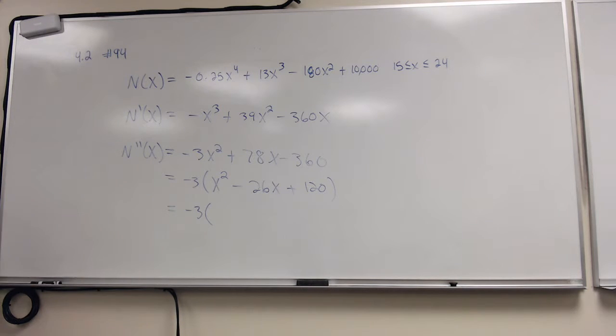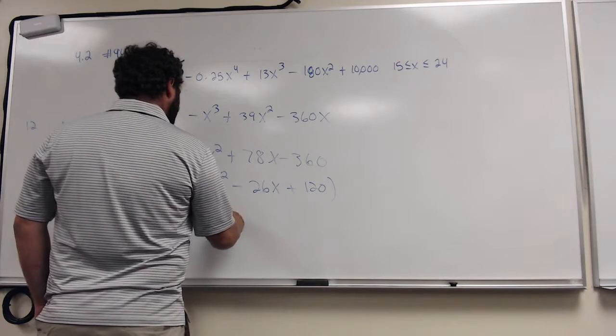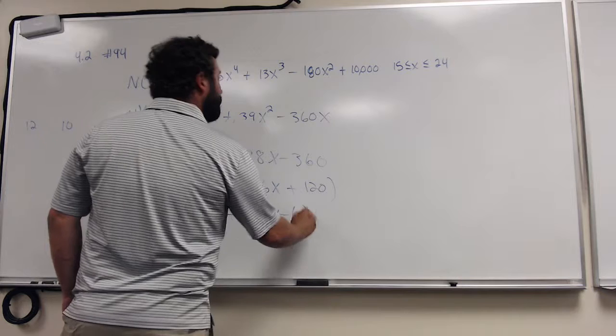Is there anything that multiplies to 120 and adds to 26? 12 times 10. Let's see. 4 and 30. Is it 20 and 6? There we go. Okay, so this will factor as x minus 20, x minus 6.